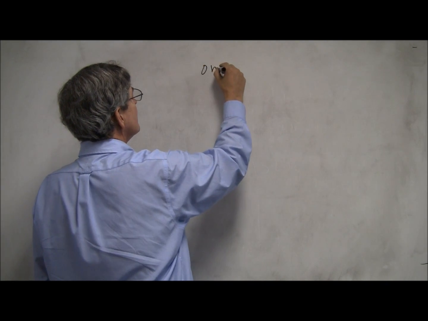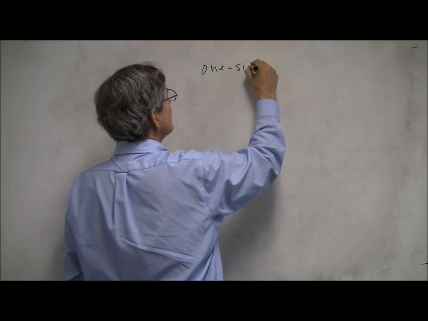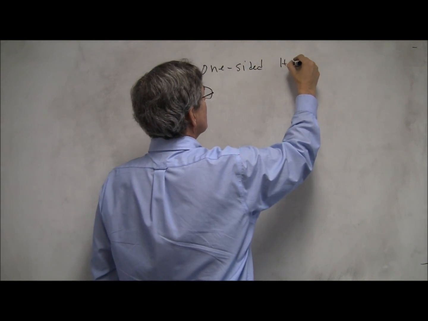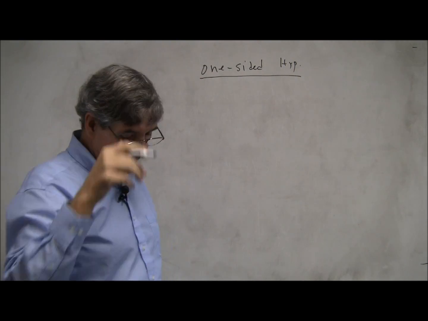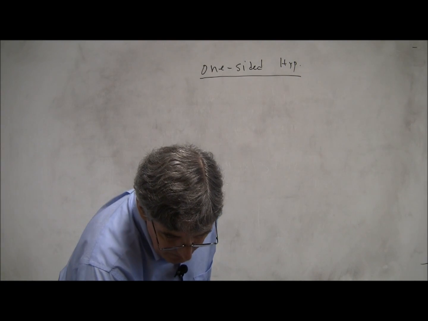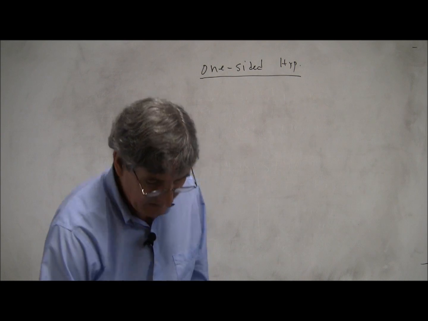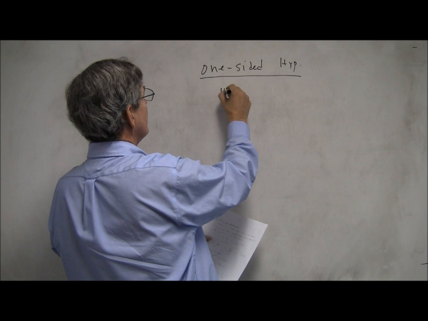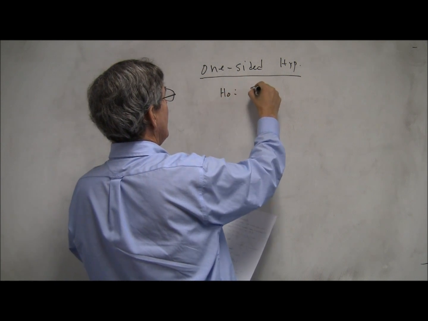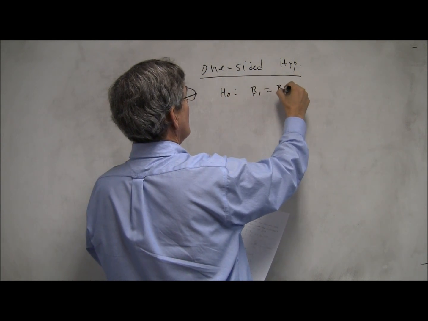One-sided test. Sometimes what we're interested in is just a one-sided test. So the null might be beta 1 equals beta 1,0.